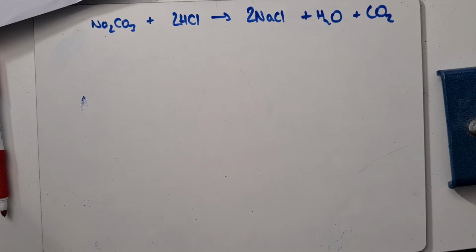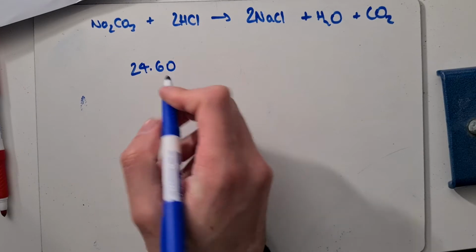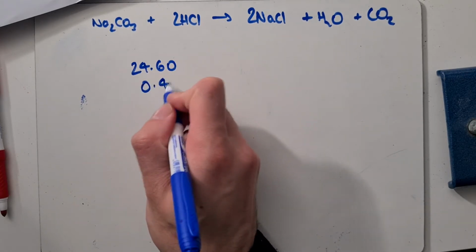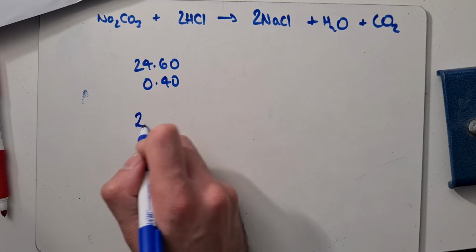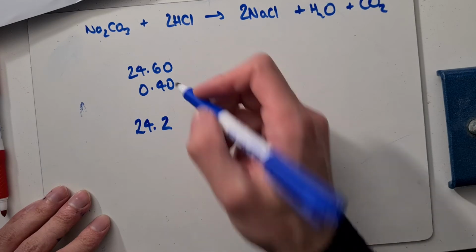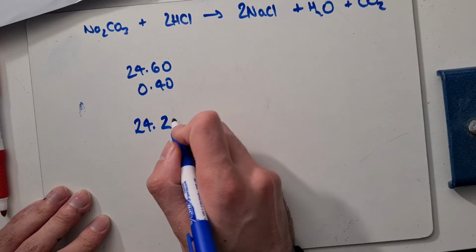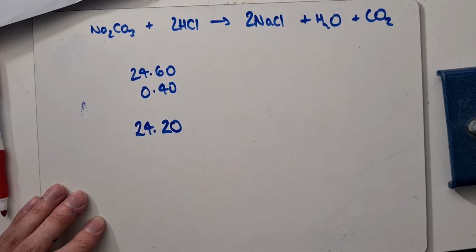First of all, complete the table. The first one had 24.60 and its initial reading was 0.40. Notice they're going to two decimal places. If you just put 24.2 here, you would lose the mark. So you needed to add that 0 on. You're showing how precise you're going.